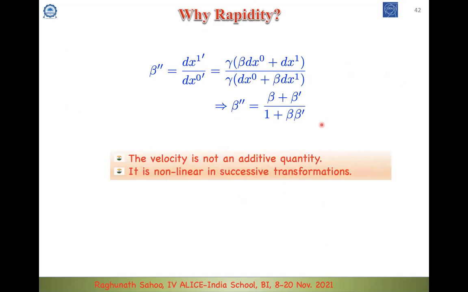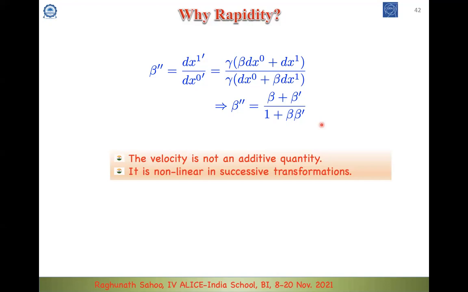In successive Lorentz transformations, it behaves in a nonlinear way. That is why it is not very suitable. And the question is, can we have any other variable which can take the place of velocity, and give us a relatively better description? At least if you look at particle spectra, spectral invariance under Lorentz transformation is something which everybody will like.